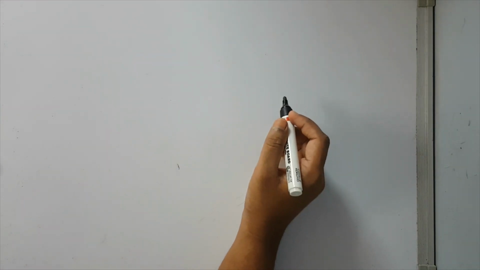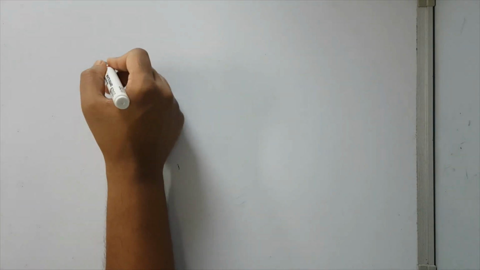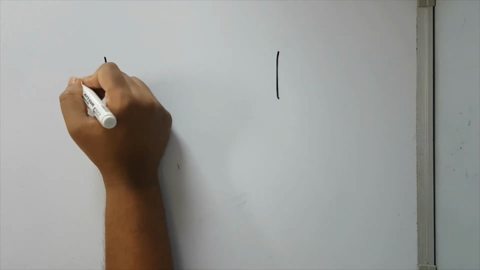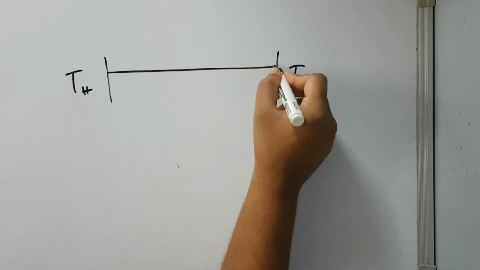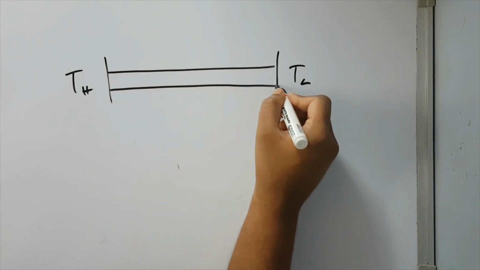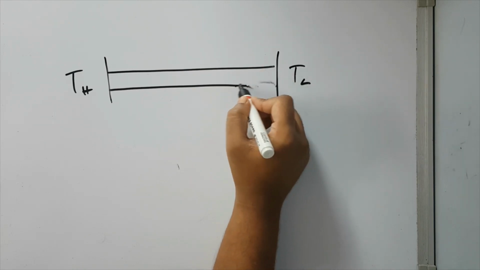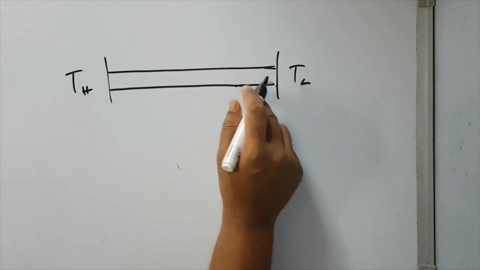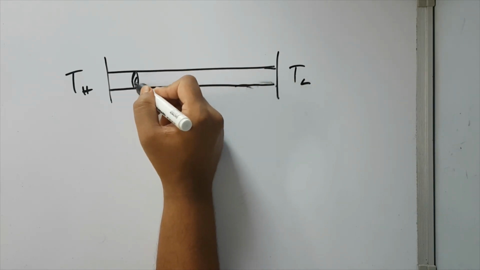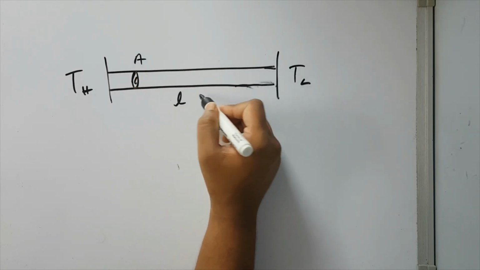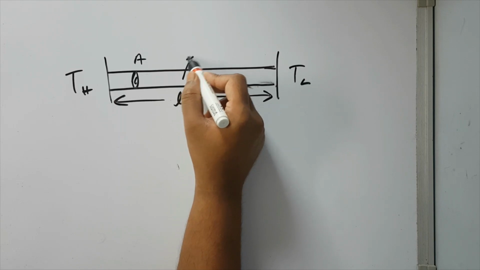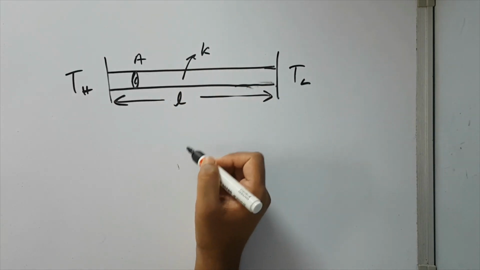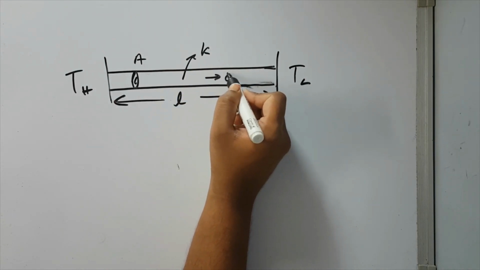So the concept of heat transfer is that if you have two reservoirs, one at a higher temperature and the other at a lower temperature, connected by a conducting rod, let's say the area of cross section of this rod is A, the length is L, and the thermal conductivity is K. So the heat current I, what is I?